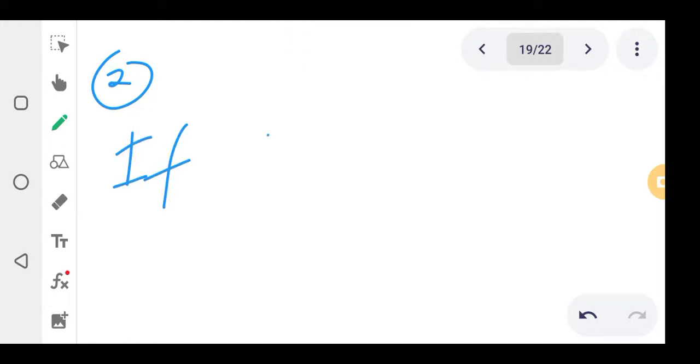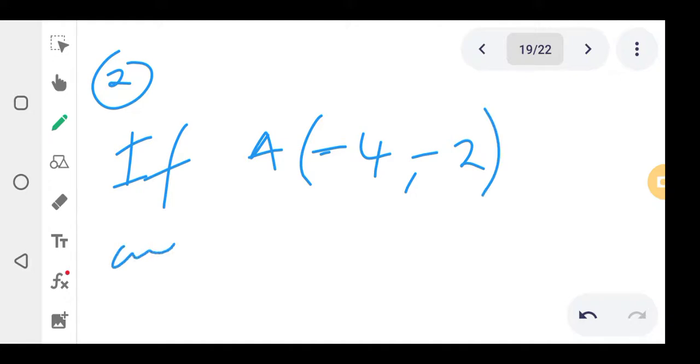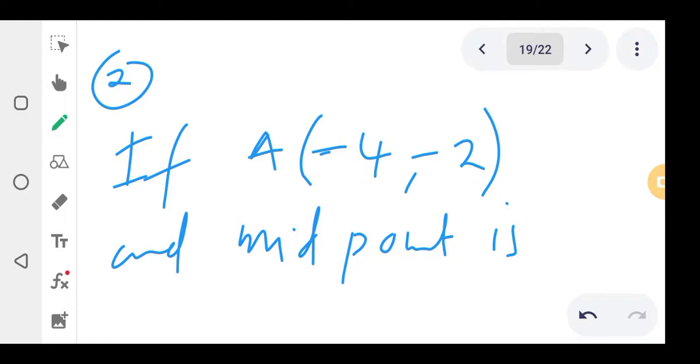If A is -4, comma -2, and the midpoint is -1, comma half. -1, comma half.